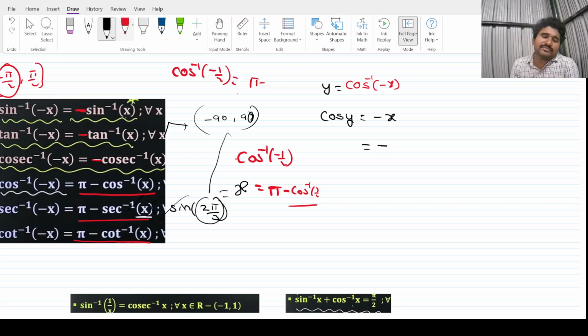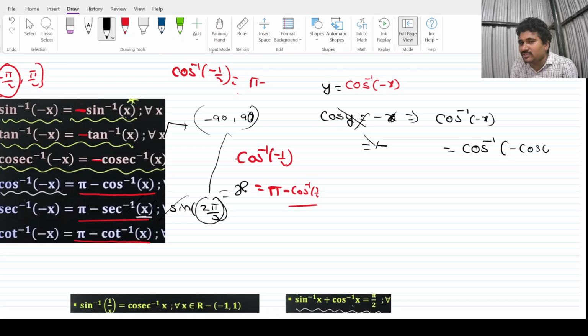Since it is a variable, I cannot estimate the answer. So when it is a variable, I will choose this way. Cos inverse of minus x: let me assume x is equal to cos theta. Understand? So cos inverse of minus cos theta.